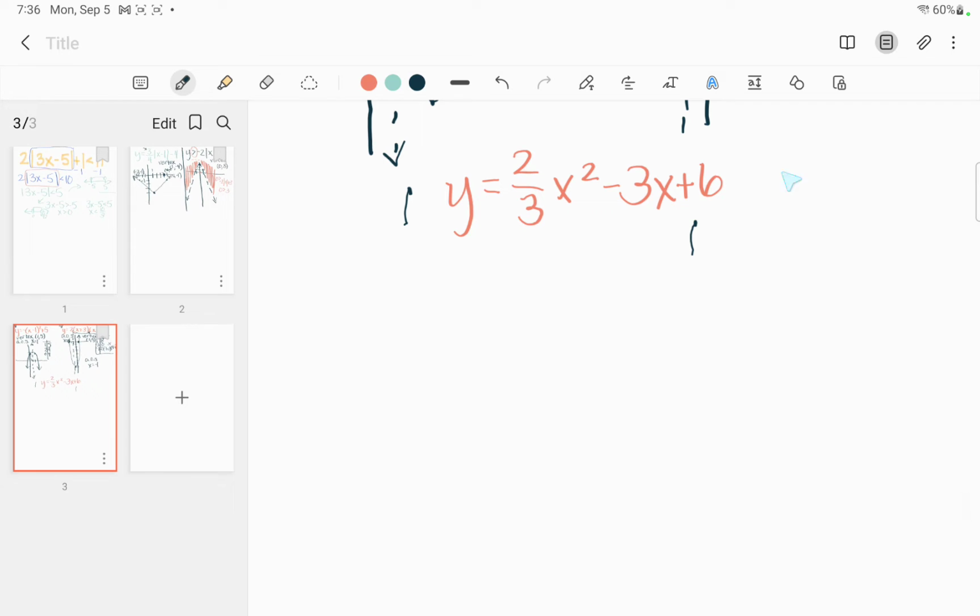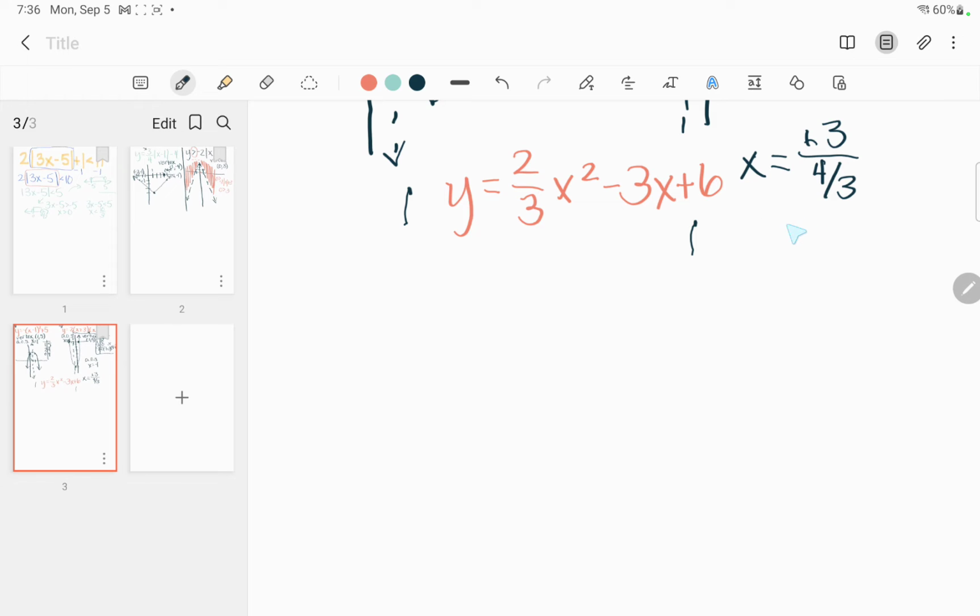Okay, and this is in ax squared plus bx plus c. So I'm going to determine the x coordinate of the vertex using x equals the opposite of b over 2a. So that's going to be over 4/3. And that would give me an x coordinate of 9/4.